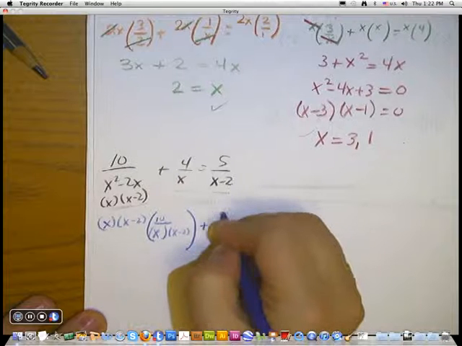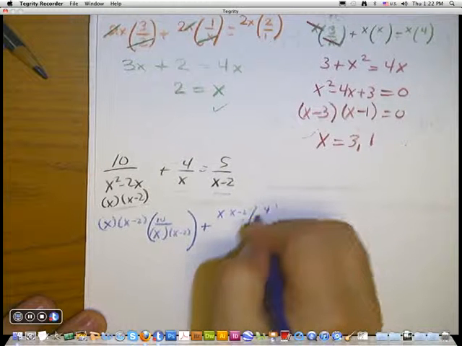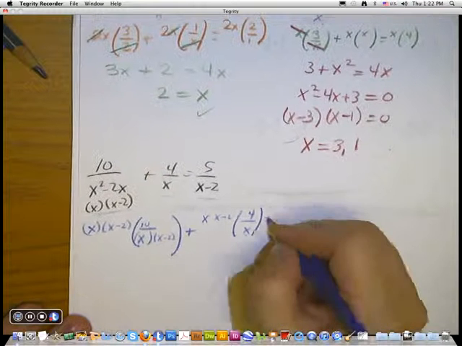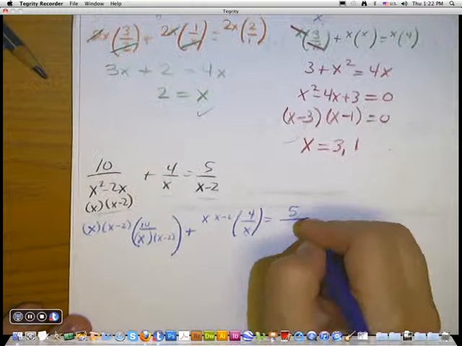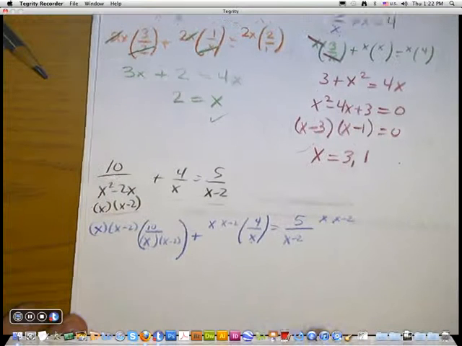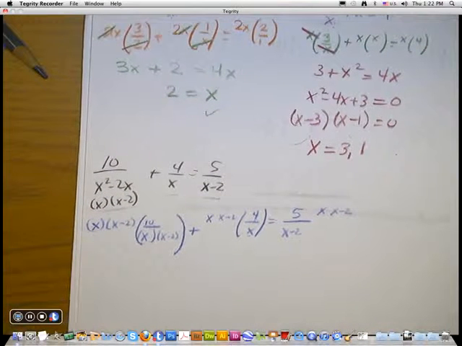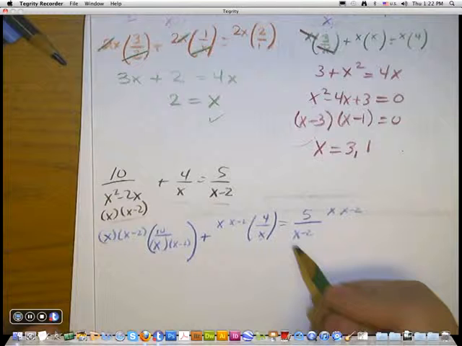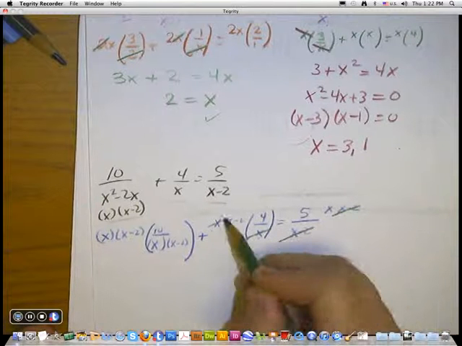Because when I do that, I've already taken out the other pieces. You always must factor first. Factor, factor, factor. Put it in its simplest form, and you'll find that it will help you.